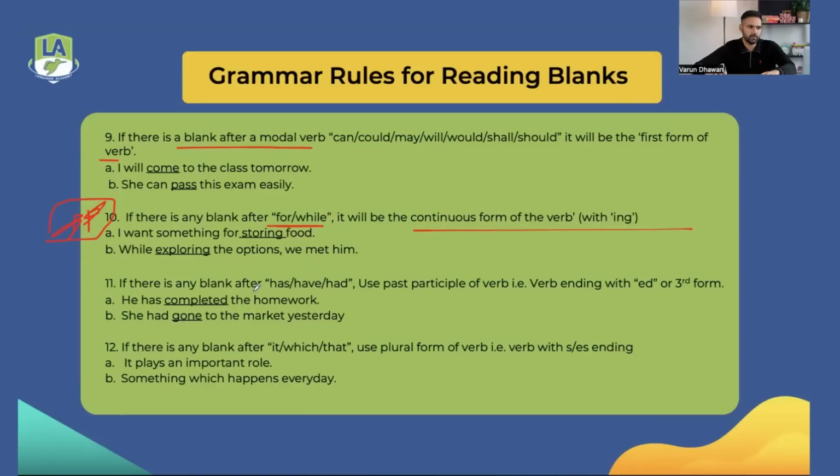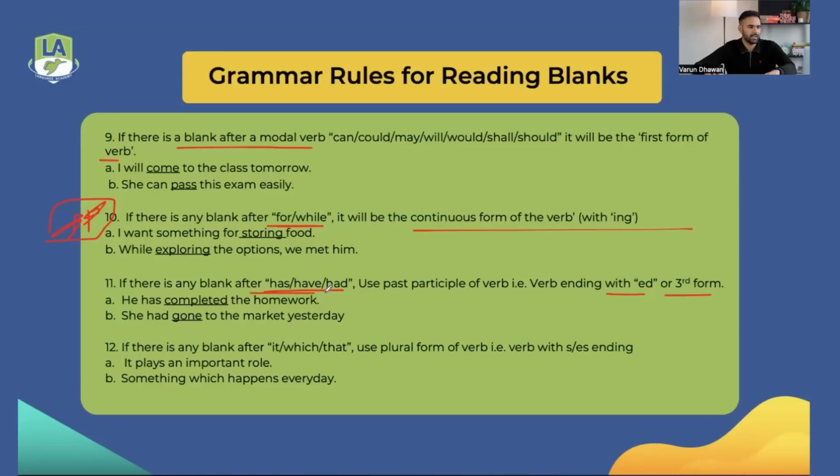If there's any blank after has, have, had, use the ed form, most likely the third form of the verb. He has completed his homework. They have completed their work. She had participated in the survey.